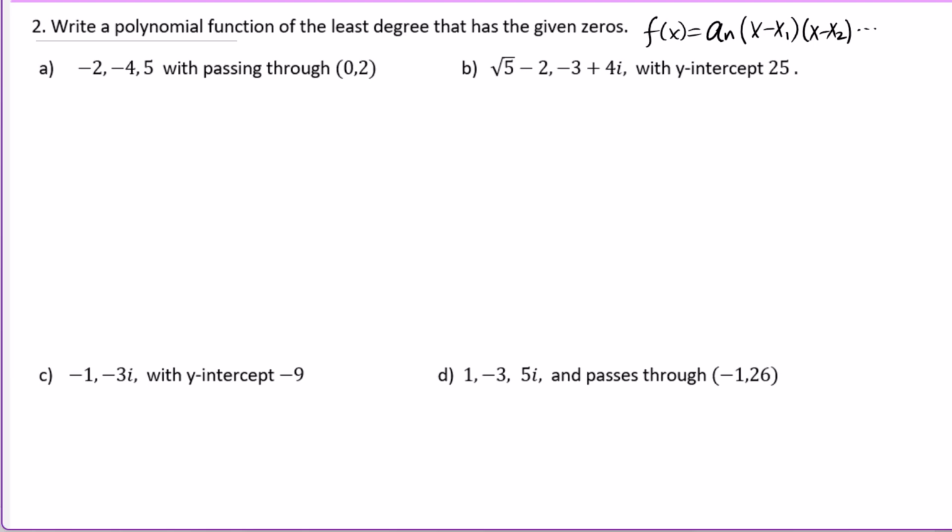For A, f of x equals a sub n times (x plus 2)(x plus 4)(x minus 5).